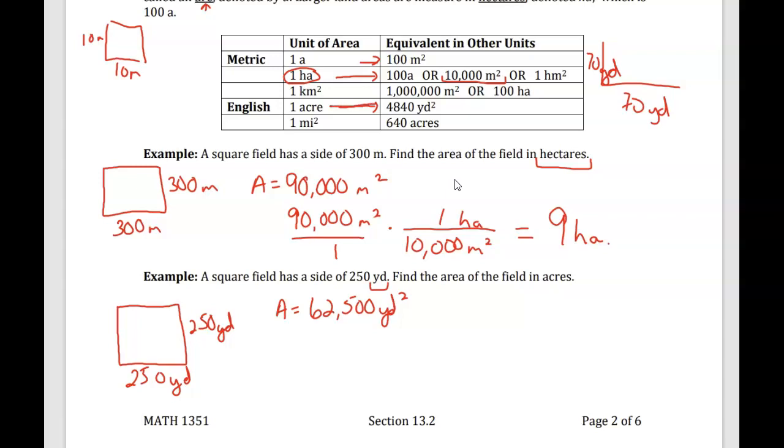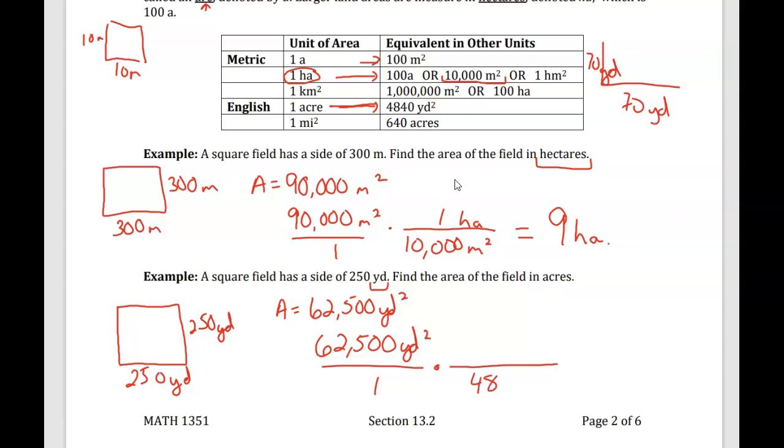So 1 acre is equal to 4,840 yards squared. So I have 62,500 yards squared. And again, I'm using dimensional analysis.